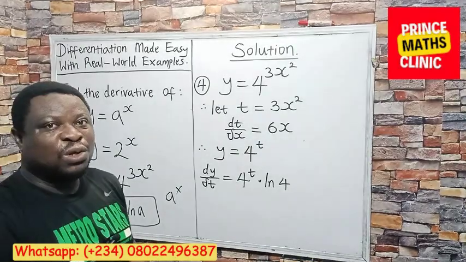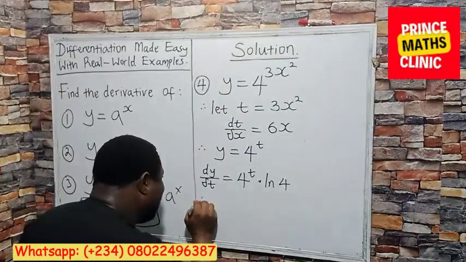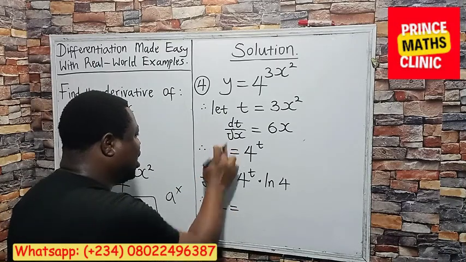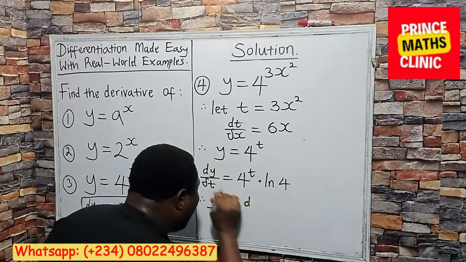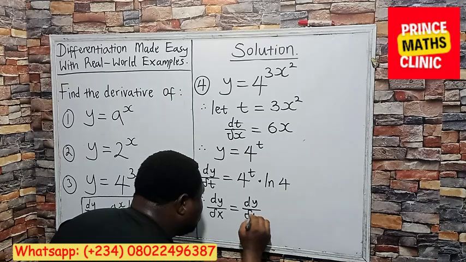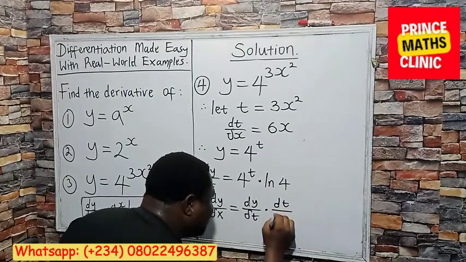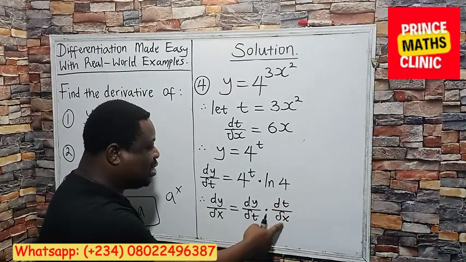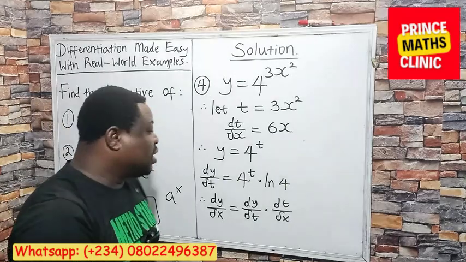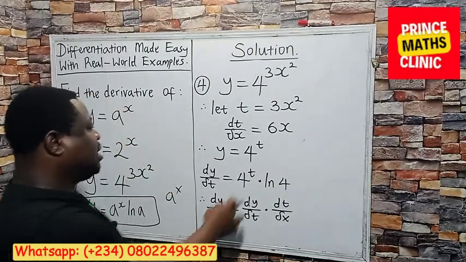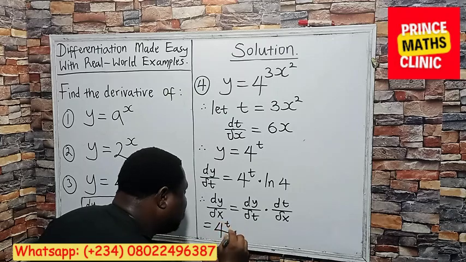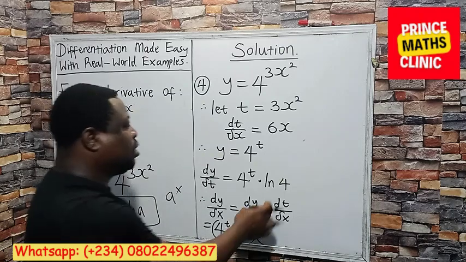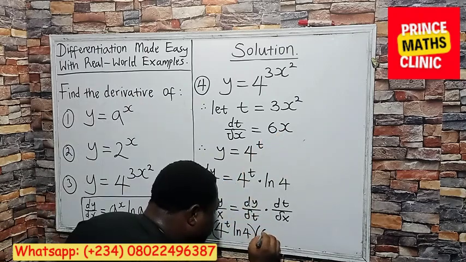Therefore, we can now use the chain rule to do dy dx. So dy dx will now be the product of dy dt times dt dx. At the end of the day, there will be balance, because we cancel dt, so you have dy dx over dy dx. And what is dy dt? dy dt is 4 to the power of t ln 4, multiplying what is dt dx, 6x.